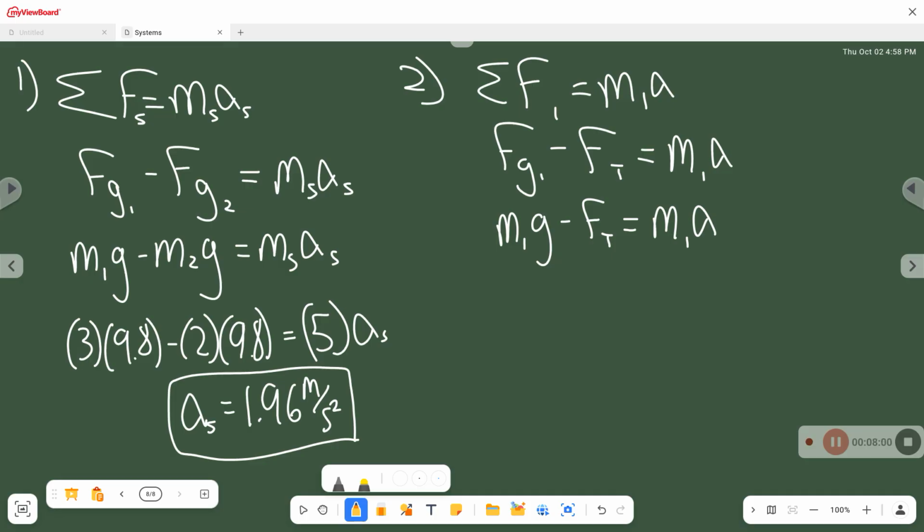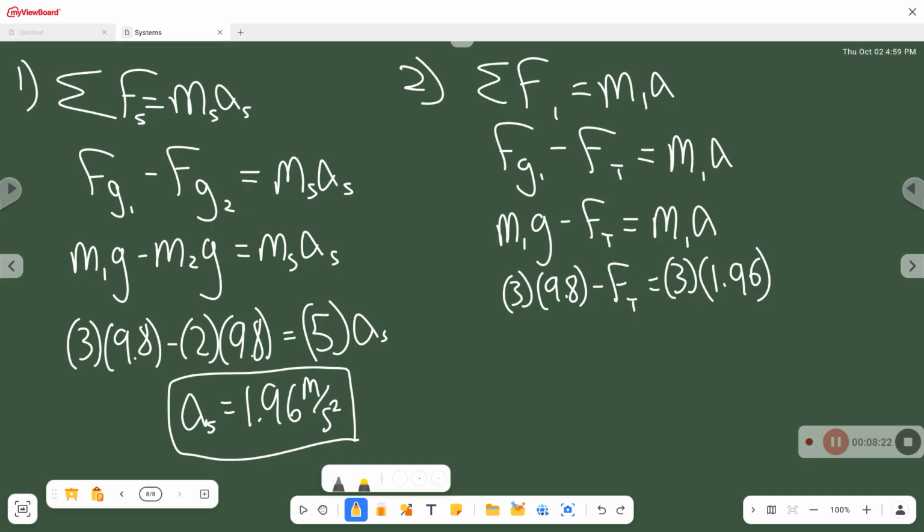So m1 is, we said that was 3 times 9.8 minus ft equals 3, and we said the acceleration over here is 1.96. So we're going to multiply everything together.